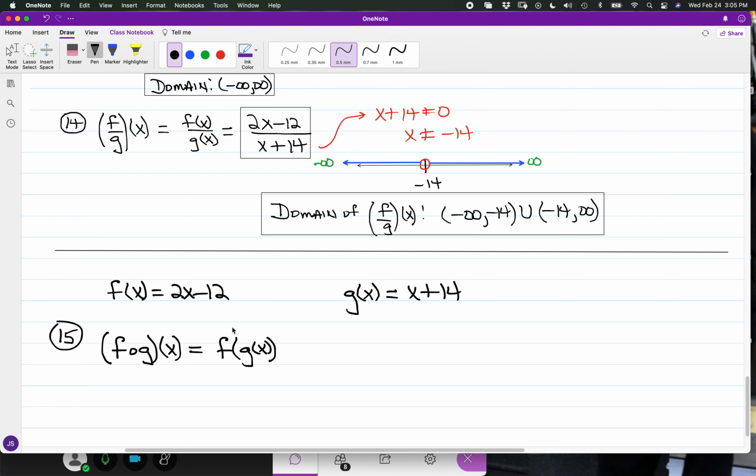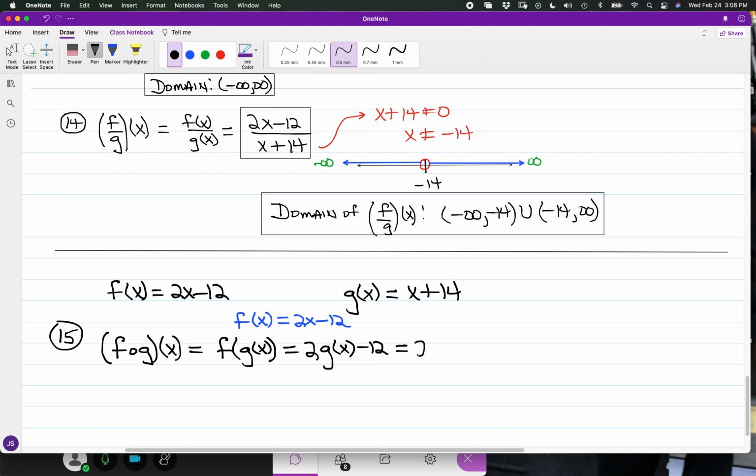So we have the output function in line with f: f of the input is equal to 2 times the input minus 12. In the follow through, we have f of g of x, so f of the input is going to be 2 times g of x followed by the subtraction of 12, and then specifying what we have for g of x.